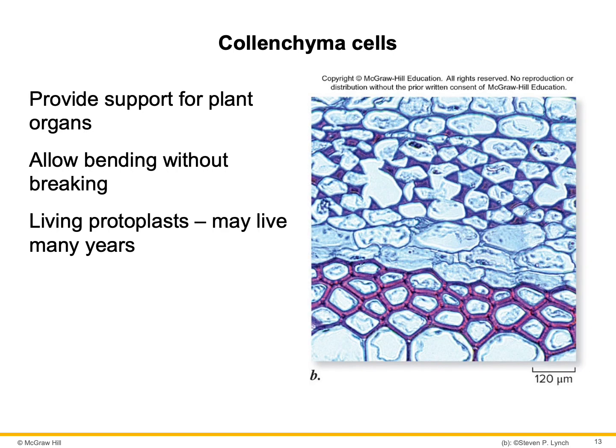The next type of cell in the ground tissue we are going to talk about is Collenchyma. Collenchyma have living protoplasts. They are longer than wide, and their walls actually have varying thicknesses. These flexible Collenchyma cells provide support for the plant organs and allow them to bend without breaking.